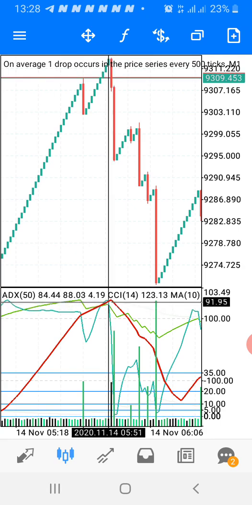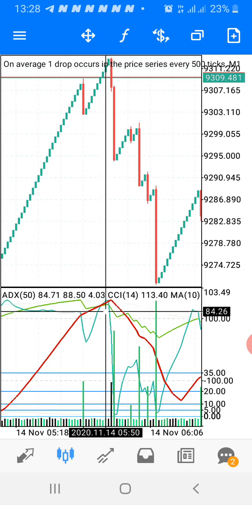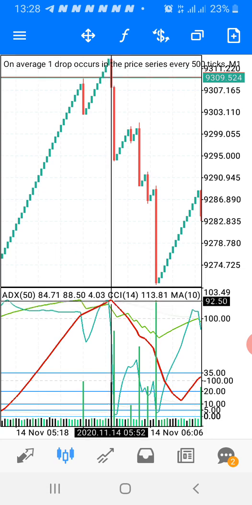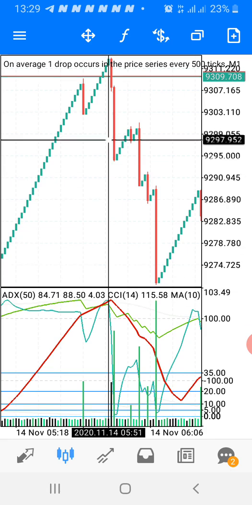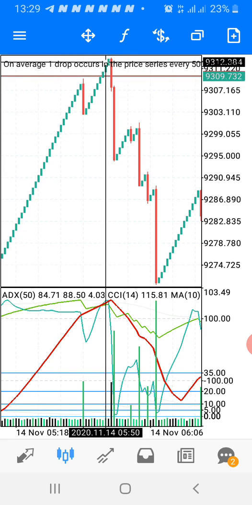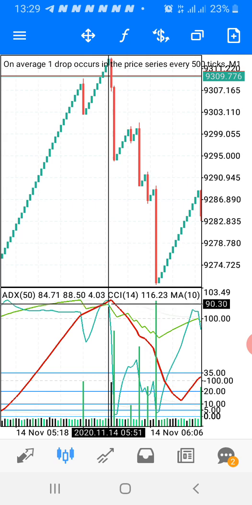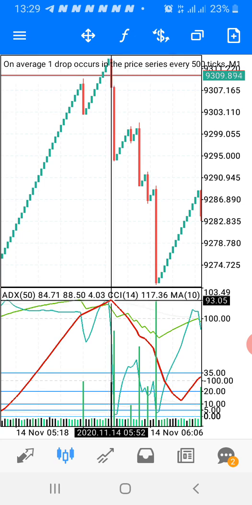But look at this point, the red moving average crosses above it again. It was at the last bullish candle that the crossing was completed. Then the next candle was a sell.